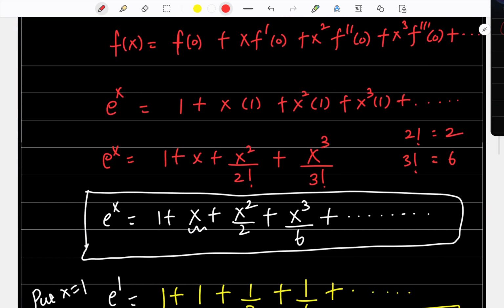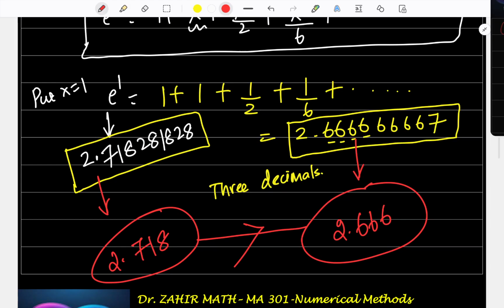Usually you look at the error, for example, you just subtract: 2.718 minus 2.666. So the error is 0.052. Suppose you extend more terms, the error will become very small. Keep in your mind, the error gets smaller if you add more terms.